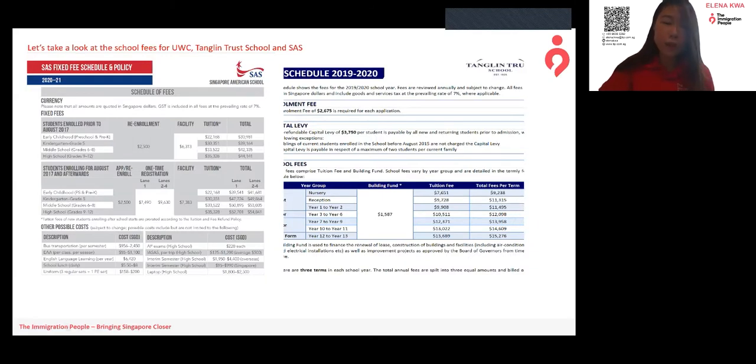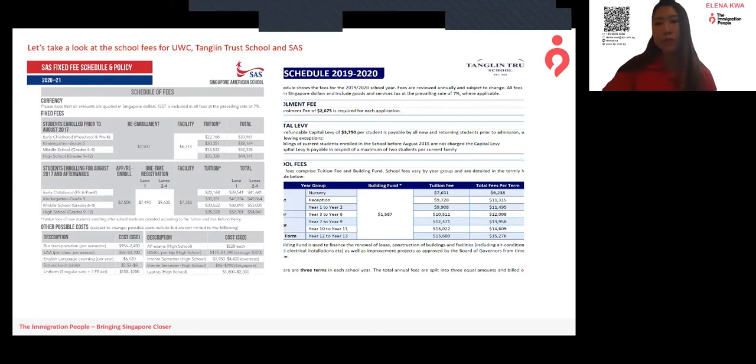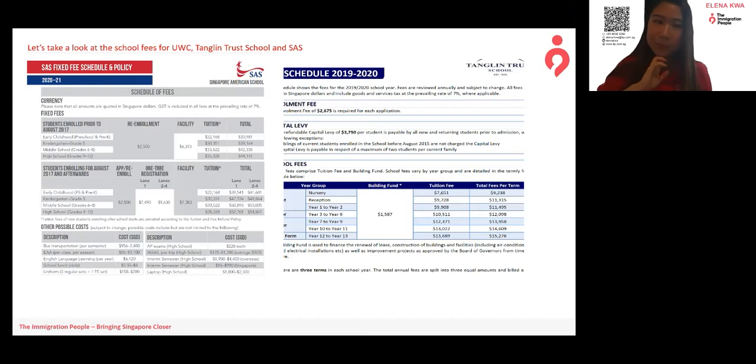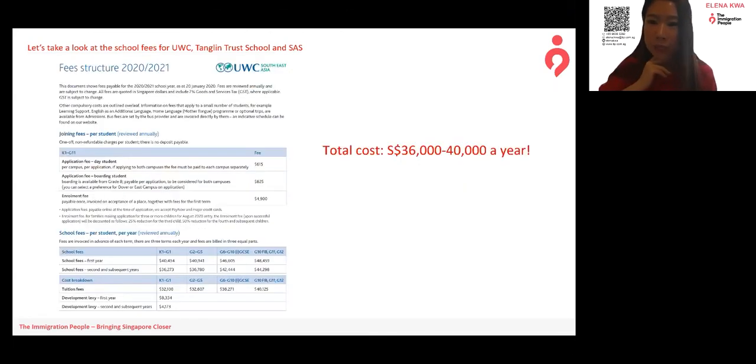So here, if you look at the screen, you can see the two most common and popular international schools here in Singapore, providing education from preschool all the way to high school level. I would say the fees are not cheap, because they are in the 5-digit range on a per year basis. Some of the school fees are even some people's yearly income.